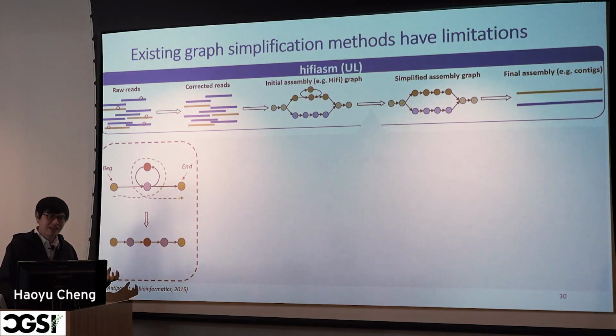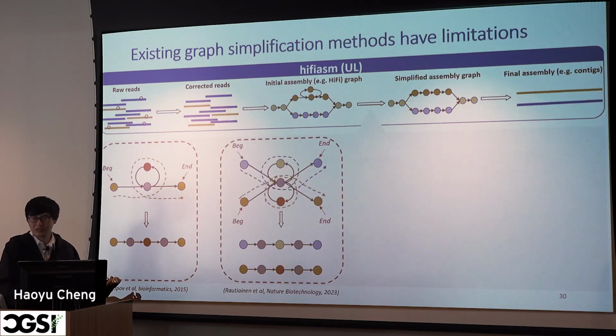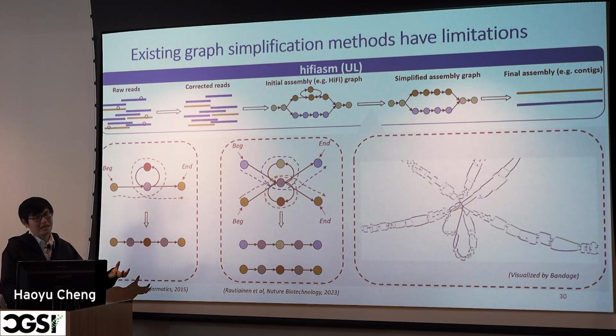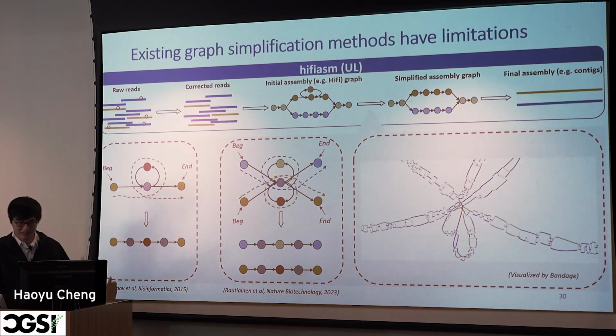But in practice, the human genome is not haploid, it is diploid. The two haplotypes might be tangled together, so it involves a lot of heuristic strategies. If we look at the real human genome assembly graph, we can see it is a very large tangle, so this straightforward method cannot work well in some cases.